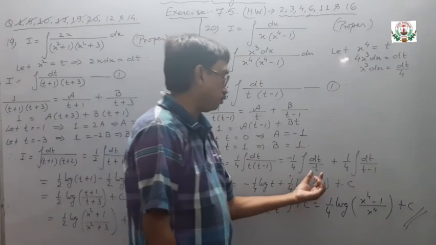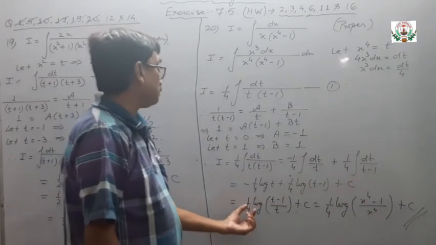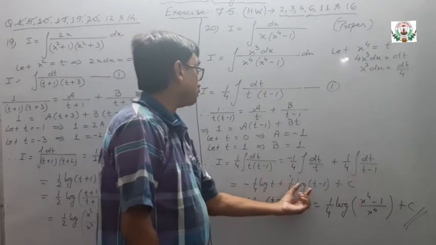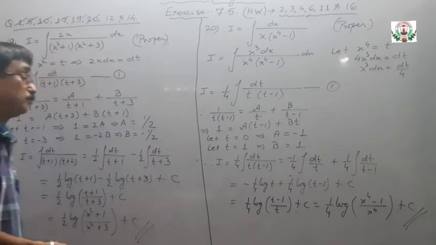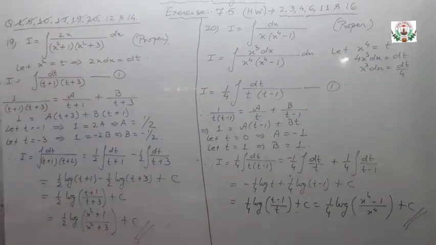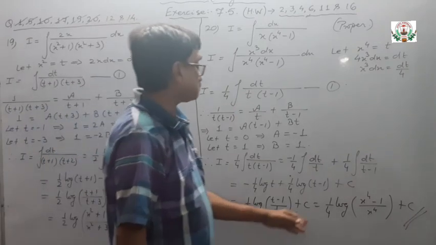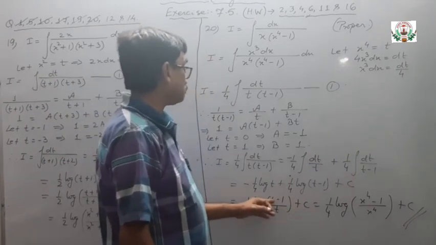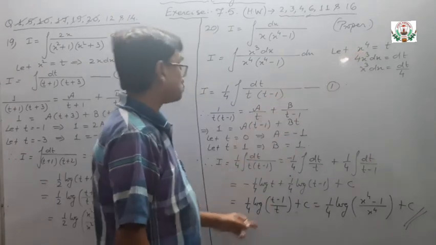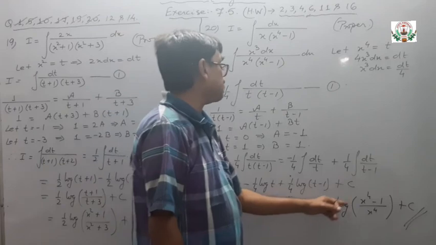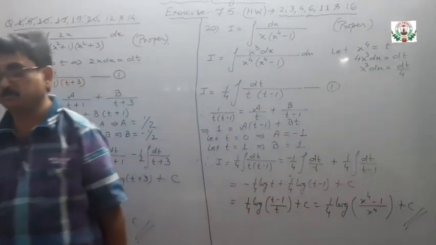Okay, so 1 by 4 common, log t minus 1 minus log t can be written as log of t minus 1 upon t, as log m minus log n is equal to log m by n, plus the integration constant. At last we can substitute the value of t as we have taken x to the power 4, so 1 by 4 log of x to the power 4 minus 1 upon x to the power 4 plus integration constant.